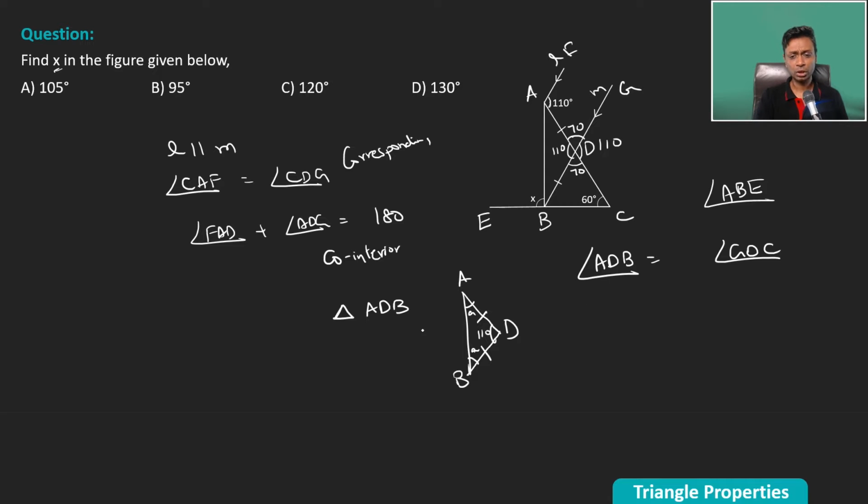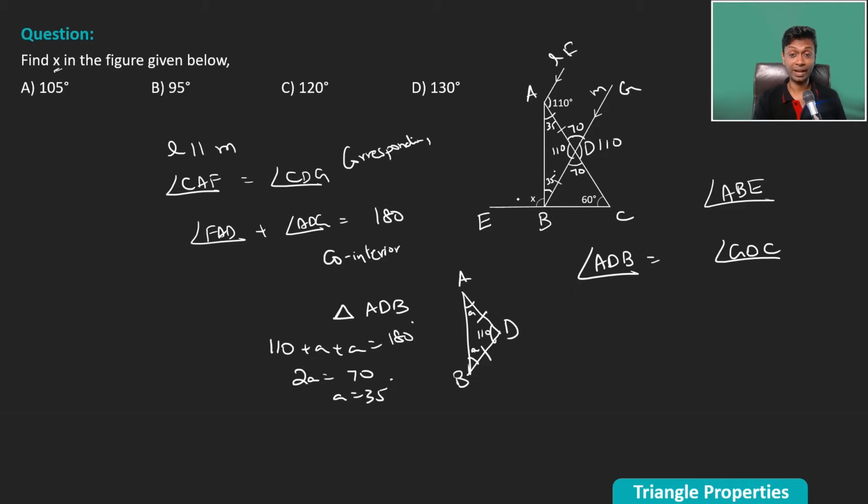So we know that 110 plus 2A is 180, since the sum of three angles of a triangle is 180, or 2A is 70. A is 35 degrees. Or this is 35. This is 35. So far so good, but we still have not come to finding x.